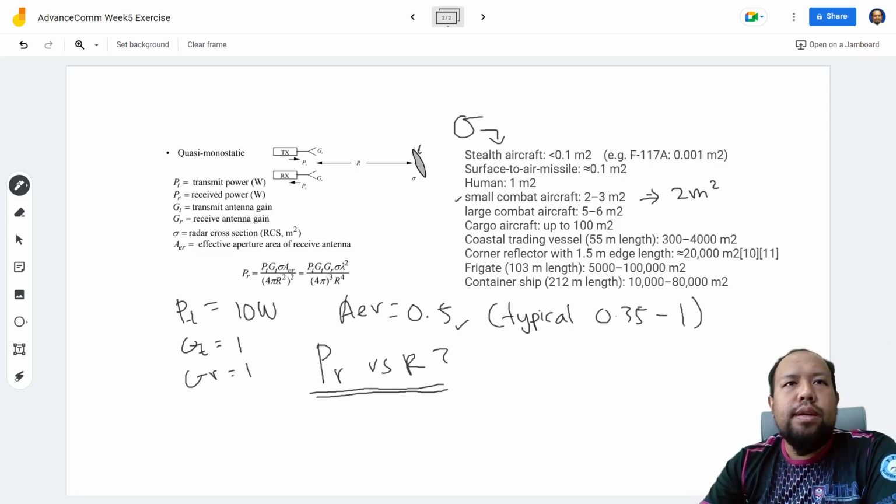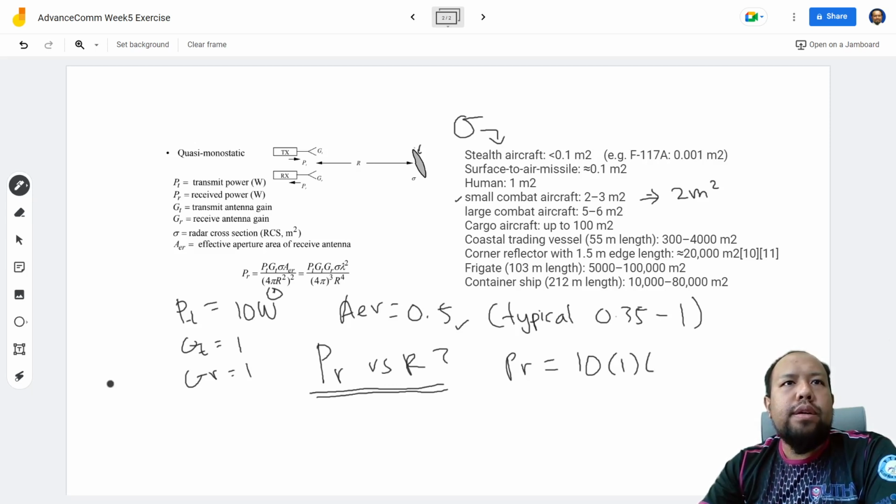Let's say we're using the first equation. We try PR equals, PT is 10 watts, GT is 1, and we have PT GT. For the first equation, we didn't have any GR, so we can exclude that.